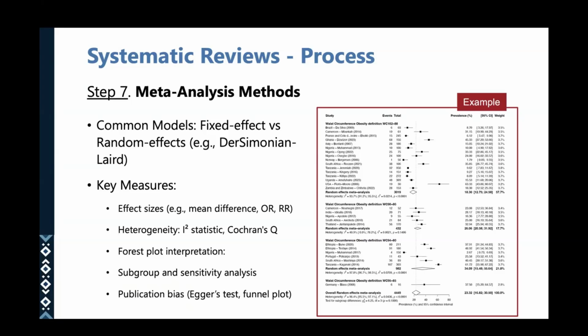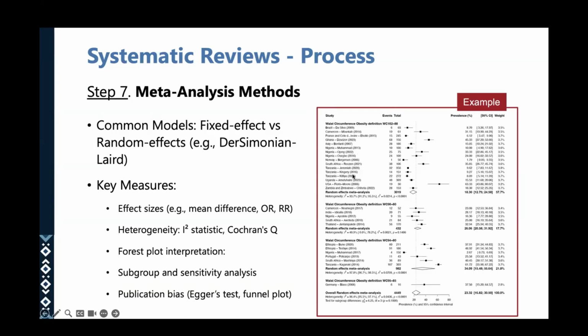But since this is hardly the case, we often go with random effects models because they can be different. In most systematic reviews and meta-analyses, they will use the random effects model, and the most popular one is the DerSimonian-Laird method. I won't go into the statistical methods for now, maybe in a subsequent presentation.